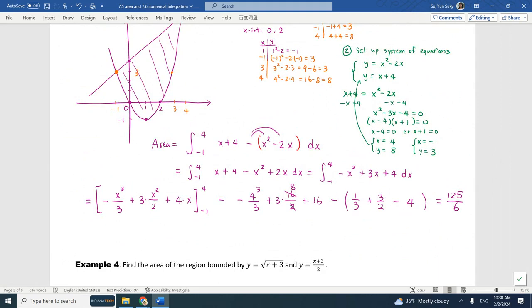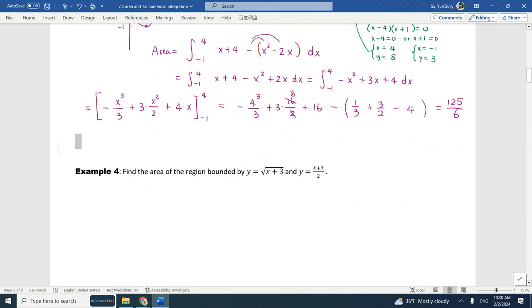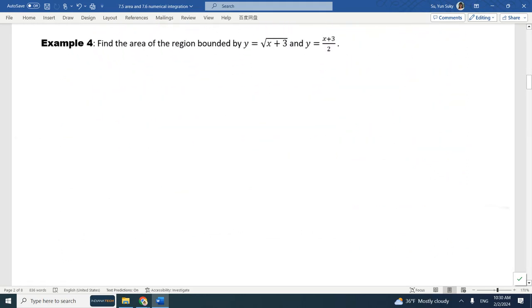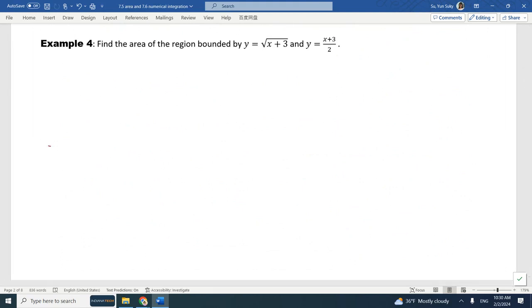x plus 3 over 2. So let's do that. Okay, let's see. Draw this. Okay, so when we try to sketch the graph, plot integer points.